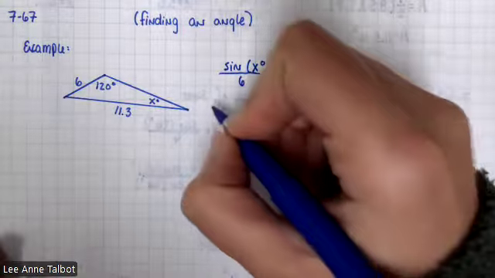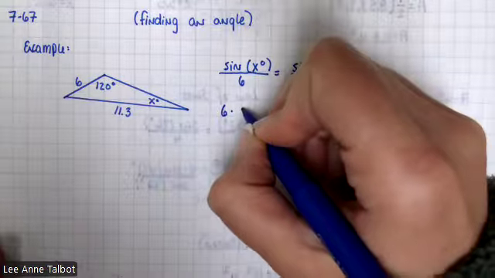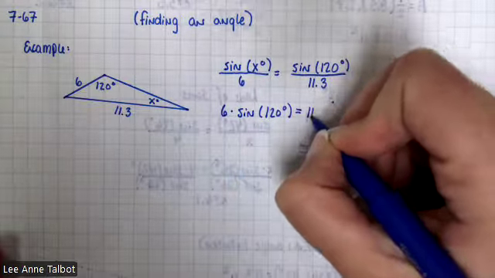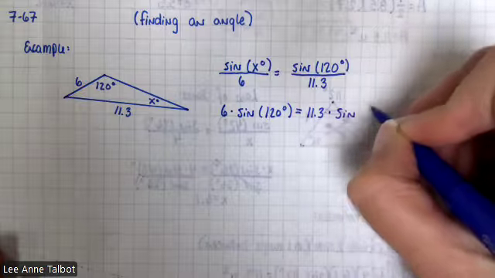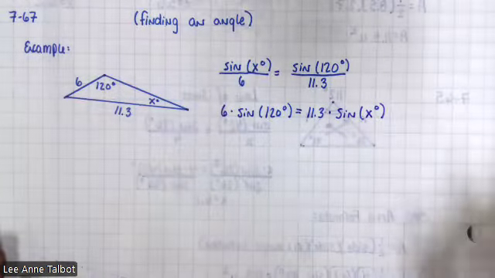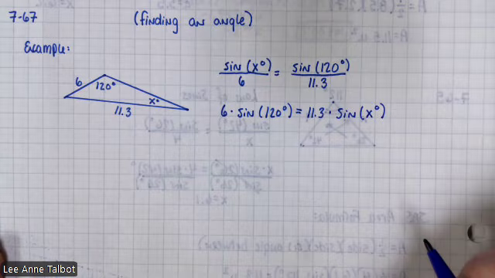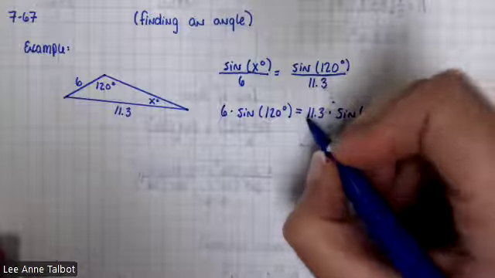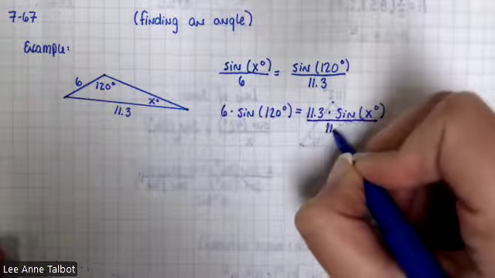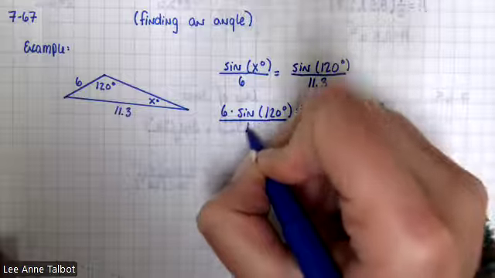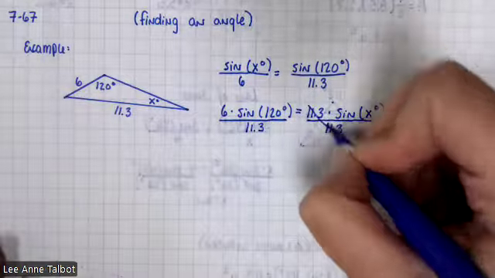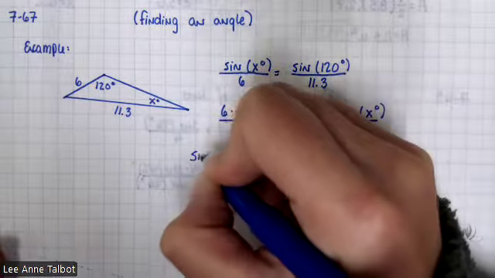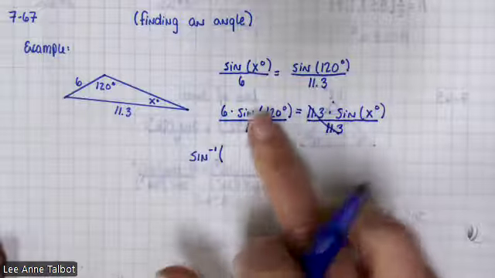Okay, so cross multiply. Okay, we want to get x by itself. We're going to divide by 11.3 first. Okay, and what we're going to do is sine inverse this thing.